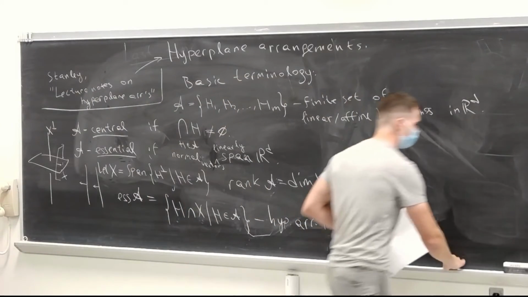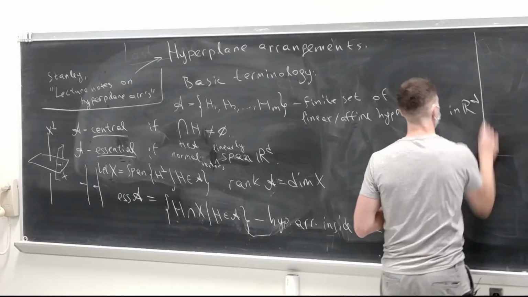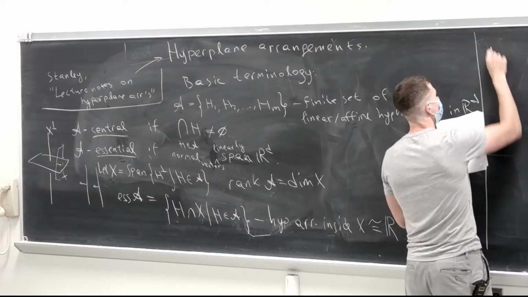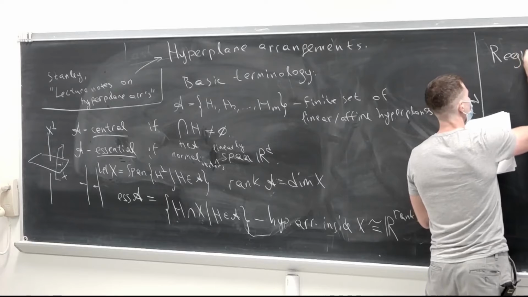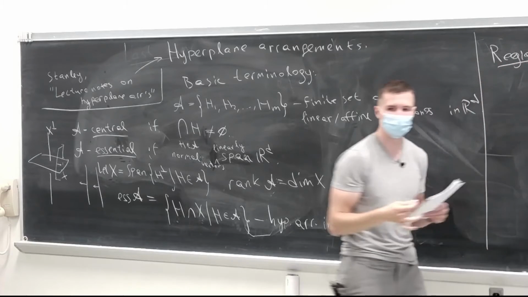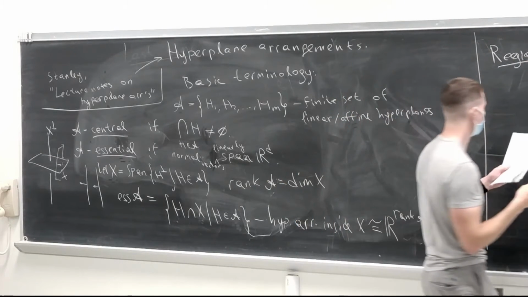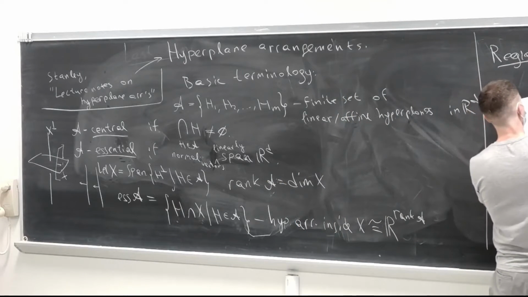Okay, so let me continue my string of definitions. What we are mostly going to be interested in are the regions of hyperplane arrangements. A region of A, by definition, you remove all hyperplanes and you look at the connected components of what's left.